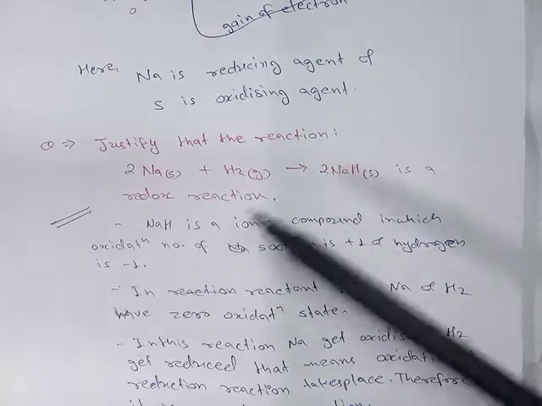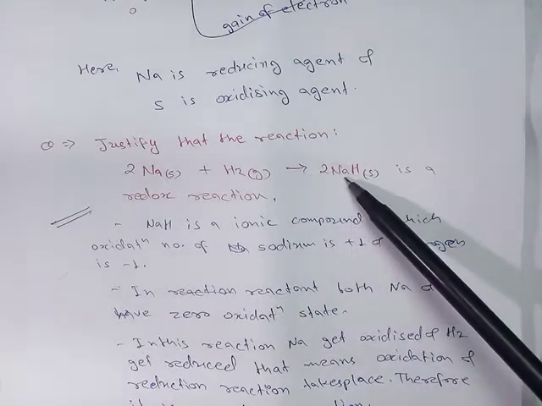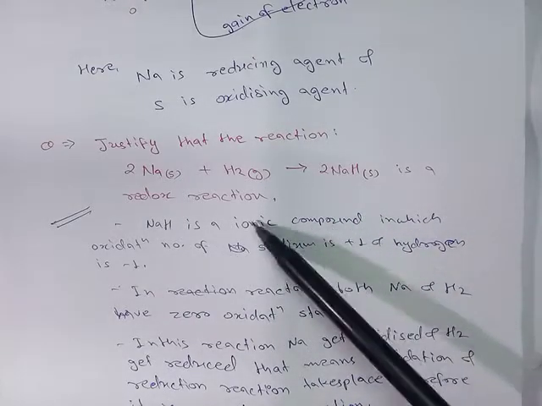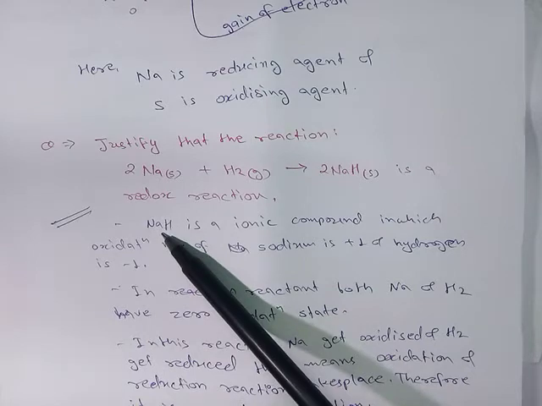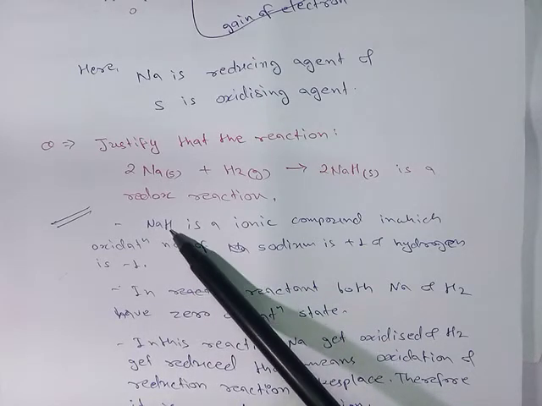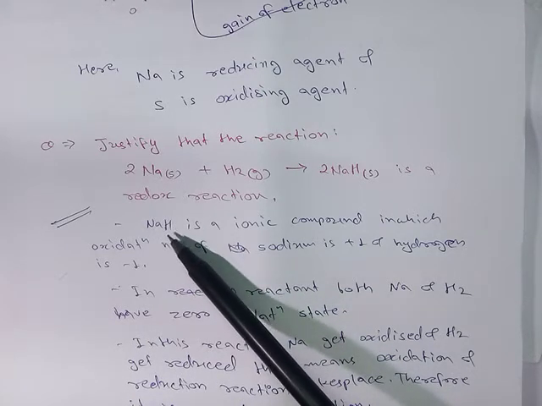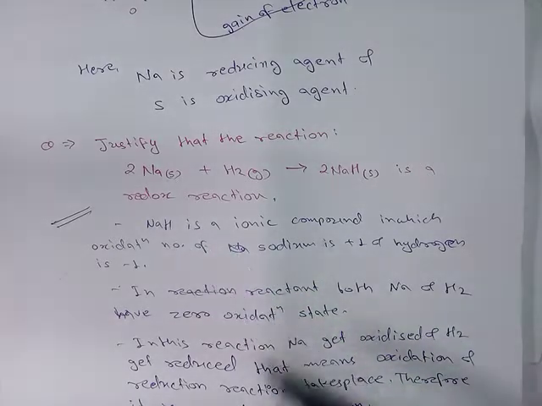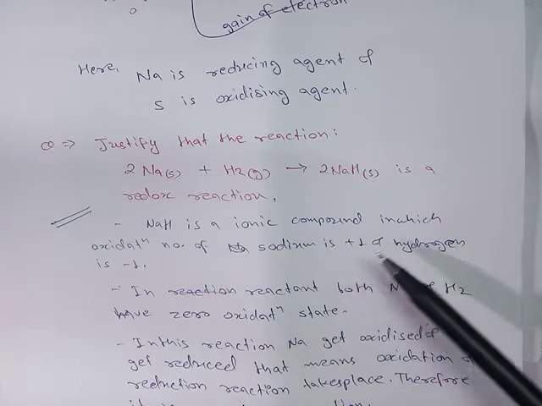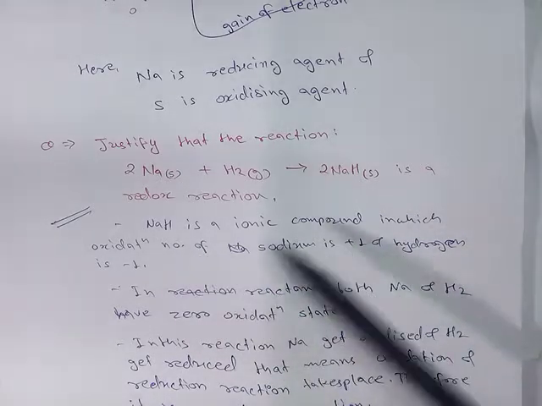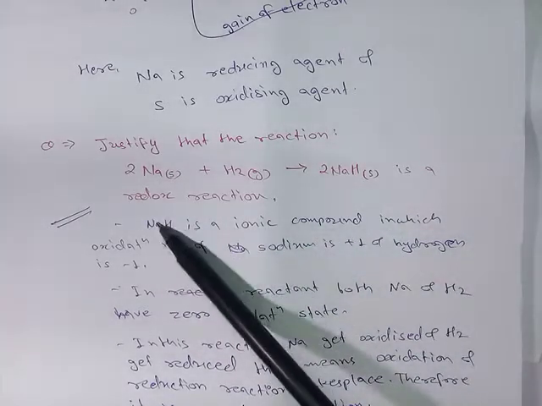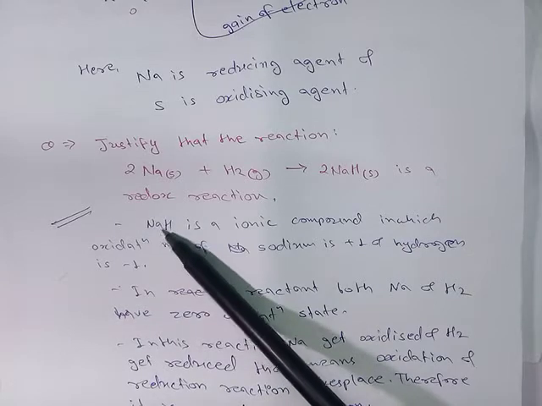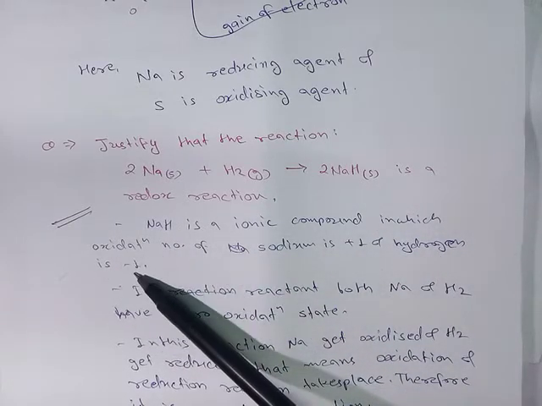In this reaction the product sodium hydride is an ionic compound. Sodium loses 1 electron to the hydrogen atom, and hydrogen gains 1 electron and converts into H- ion. So in sodium hydride the oxidation number of sodium is +1, by losing 1 electron, and the hydrogen is -1.